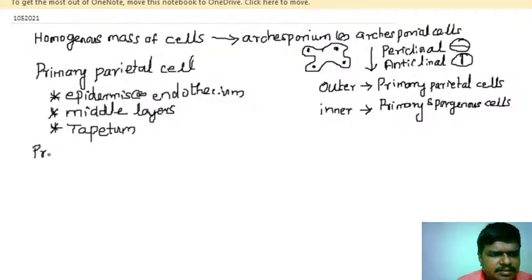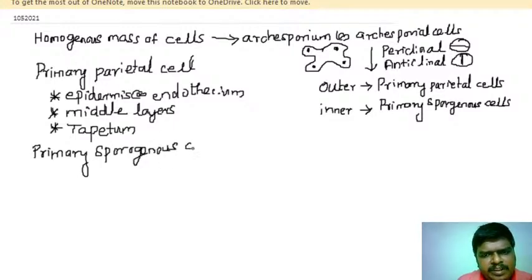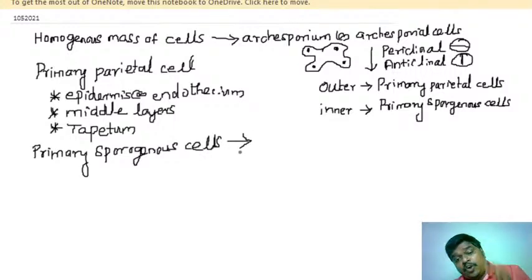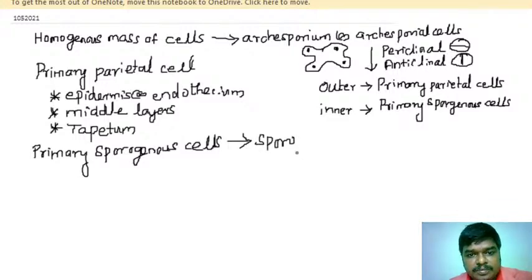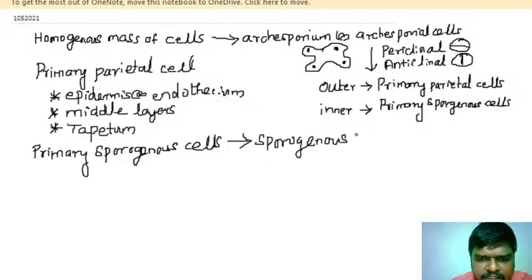Whereas the primary sporogenous cells form the sporogenous tissue. It forms the sporogenous cells.